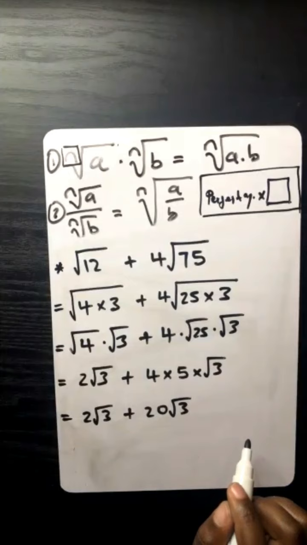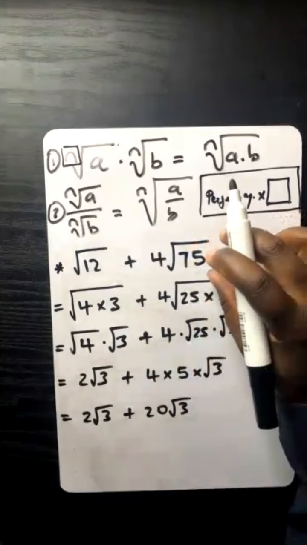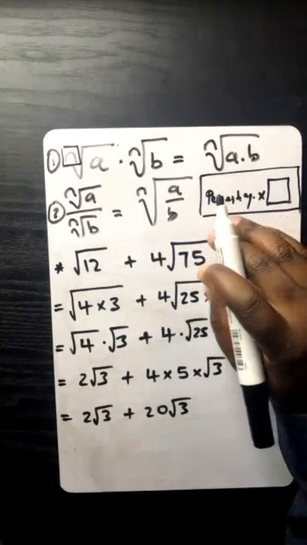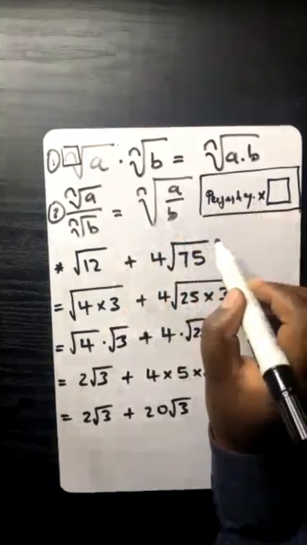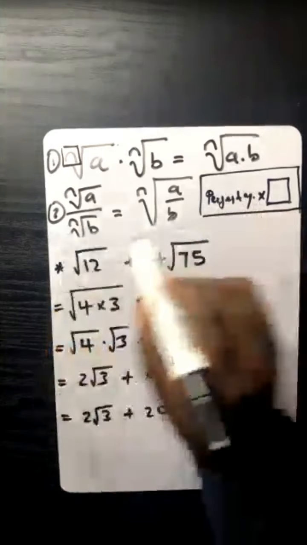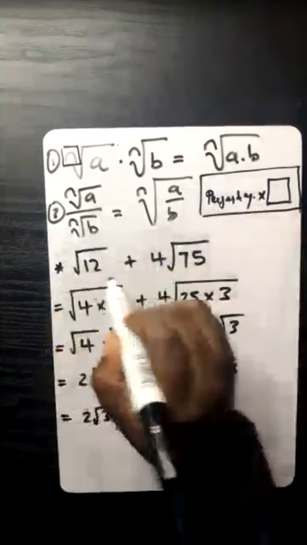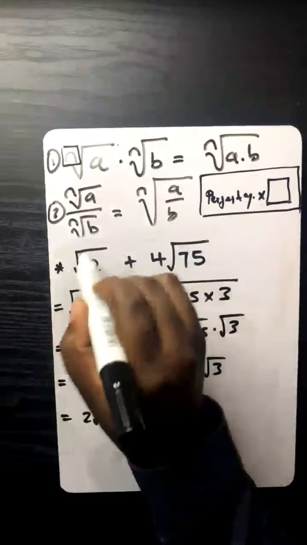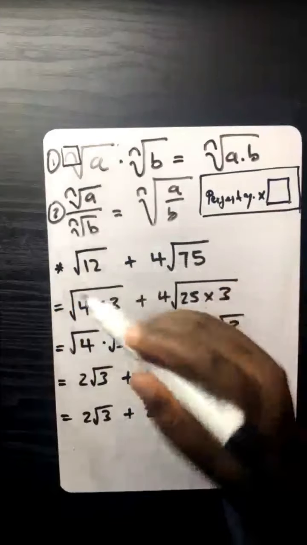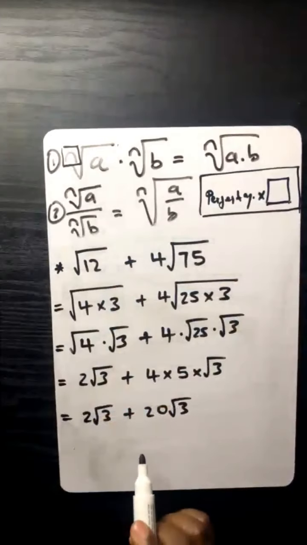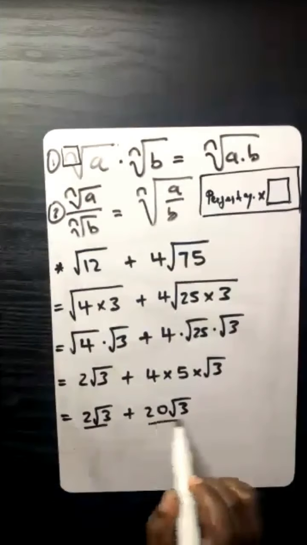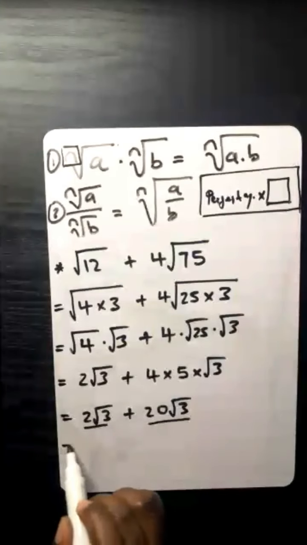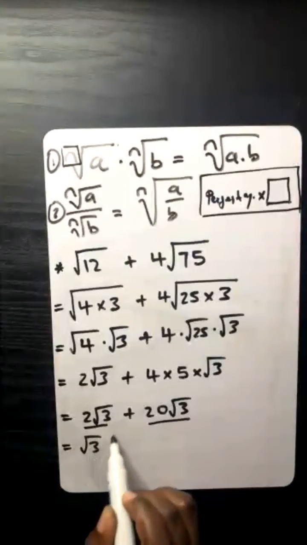So can you see? There's that one who said, what if you've got a plus sign in between and whatever. So if this is the relevant example, this is how you do it. If you don't have common factors, try to work out that alone, work it out until you get to a point where it's in its simplest form. So can you see now, you've got term number 1, term number 2. In each term, you've got a common factor, which is square root of 3.